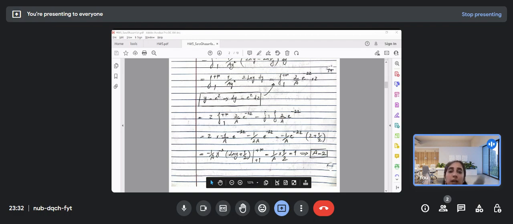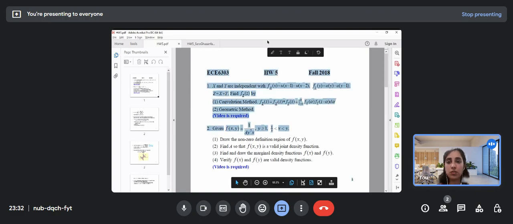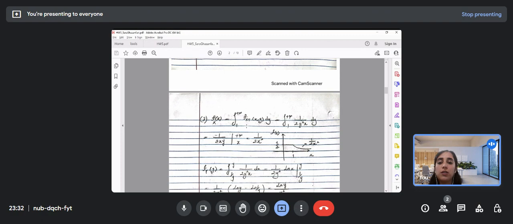Let's go to the other part, which is part 3. In part 3, we want to find and draw the marginal density functions. For doing so, let me go to the next page.